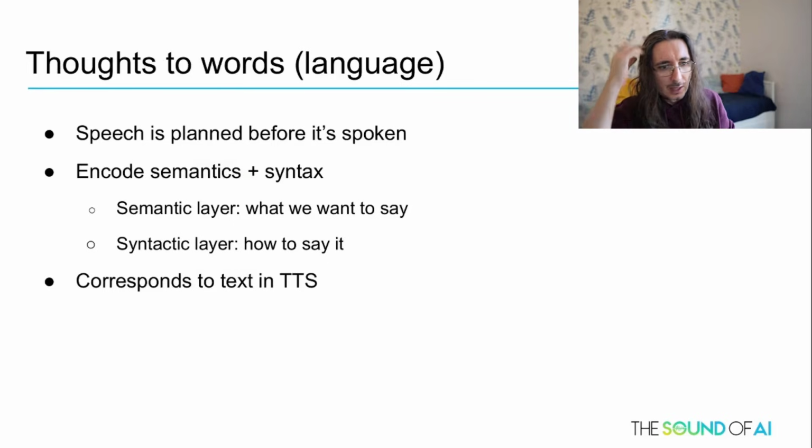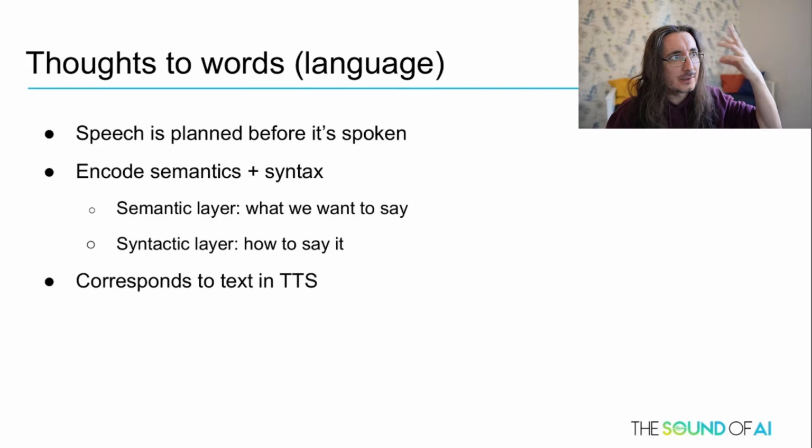We move from brain activity into words and language. So we know that speech is planned before it's spoken, obviously. You have that internal voice inside you that generates those words, but then you have to utter them, right? You have to produce the sound.